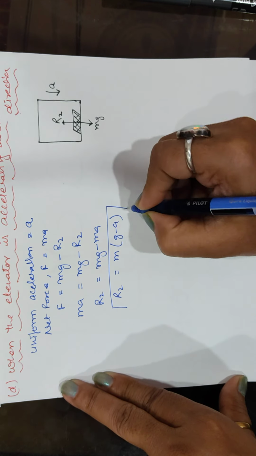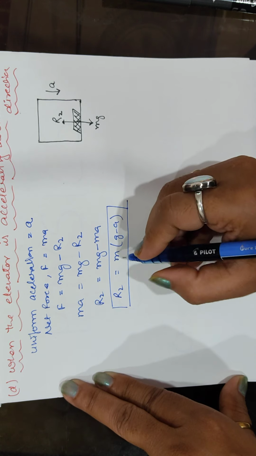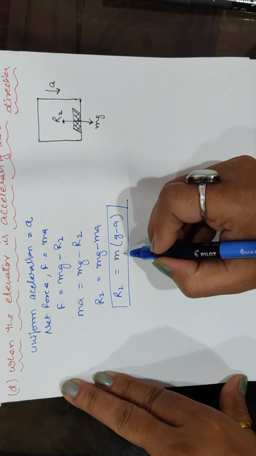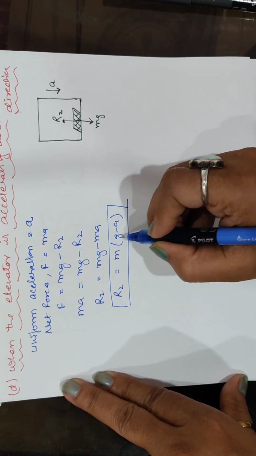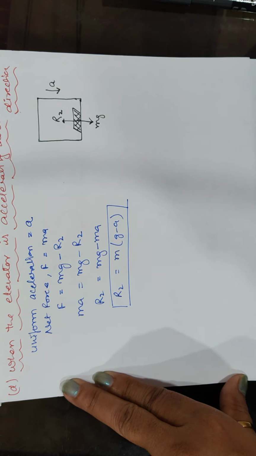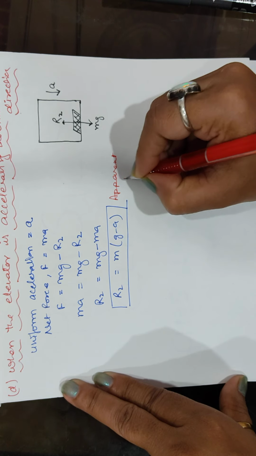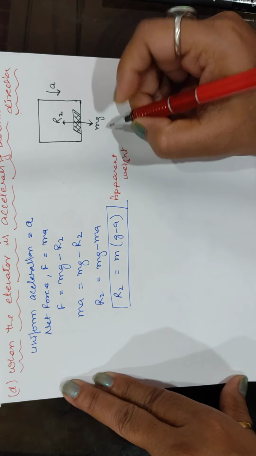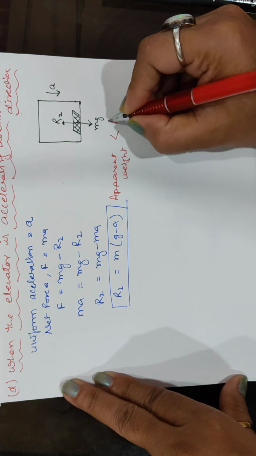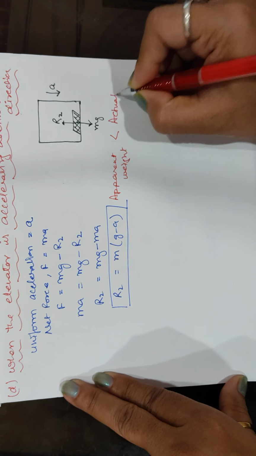So in this case R2 is less, because there is a minus sign, so we can say that the apparent weight is less than the actual weight.